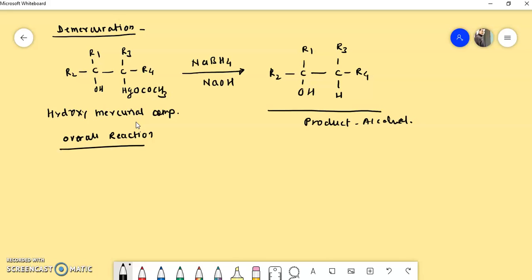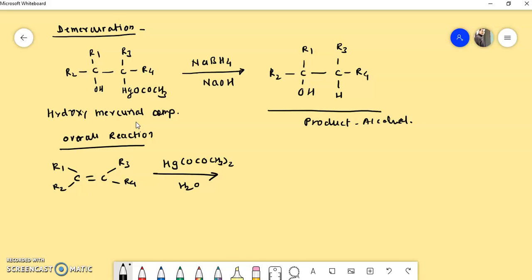First of all we'll take the alkene with R1, R2, R3, R4. In the first step we take mercuric acetate, Hg(OCOCH3)2, and water.